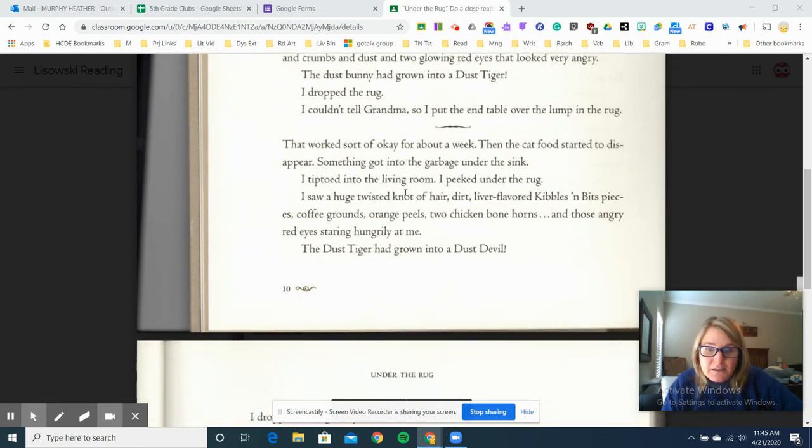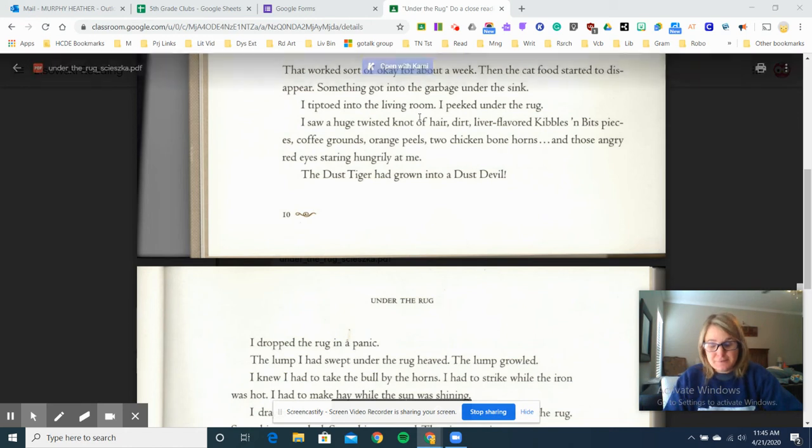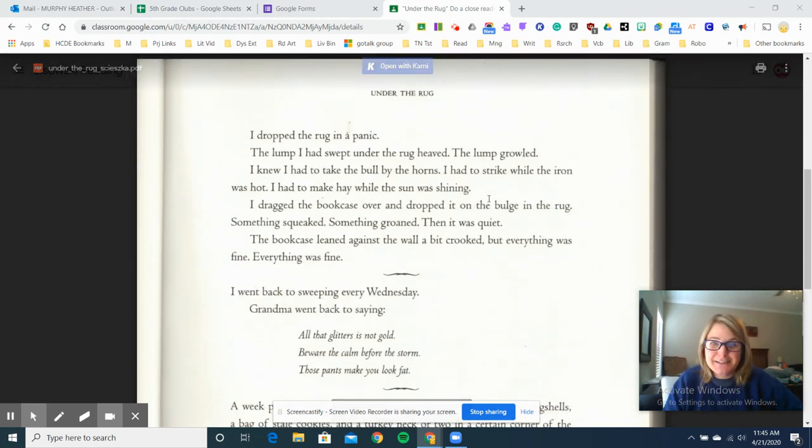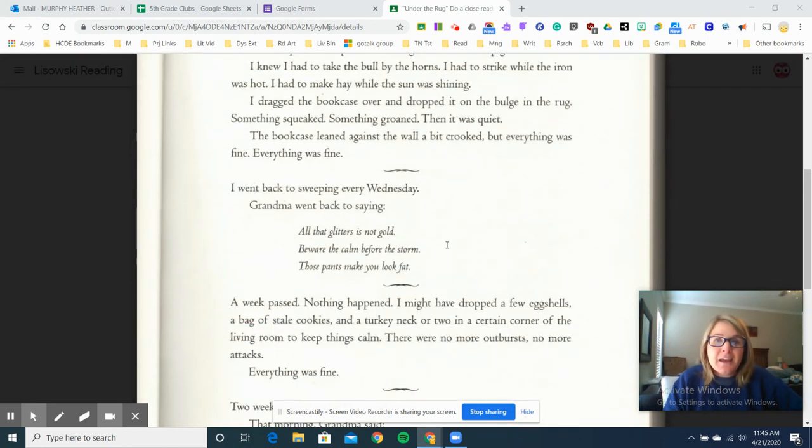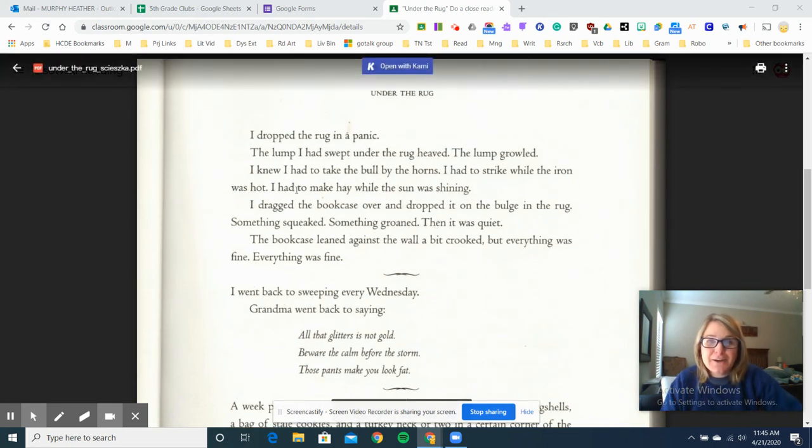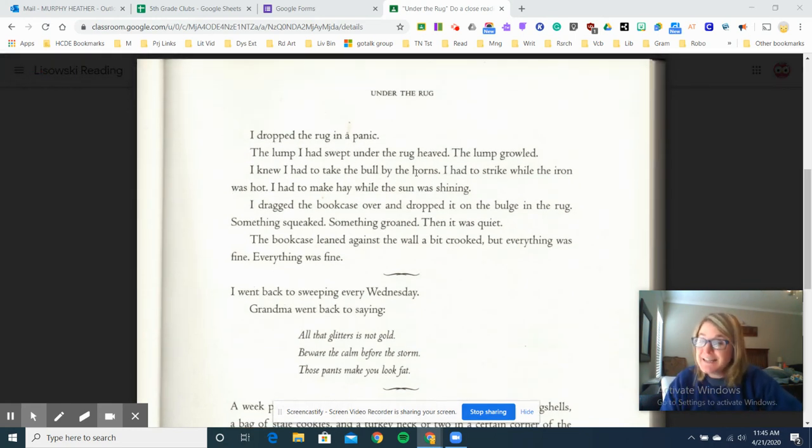Let me find some. Even these word choices here: twisted knot of hair, orange peels, two chicken bone horns. It had grown into a dust devil, and then by the end, it's this dust demon. And he said here, I knew I had to take the bull by the horns. That's an idiom. I had to strike while the iron was hot. I had to make hay while the sun was shining.